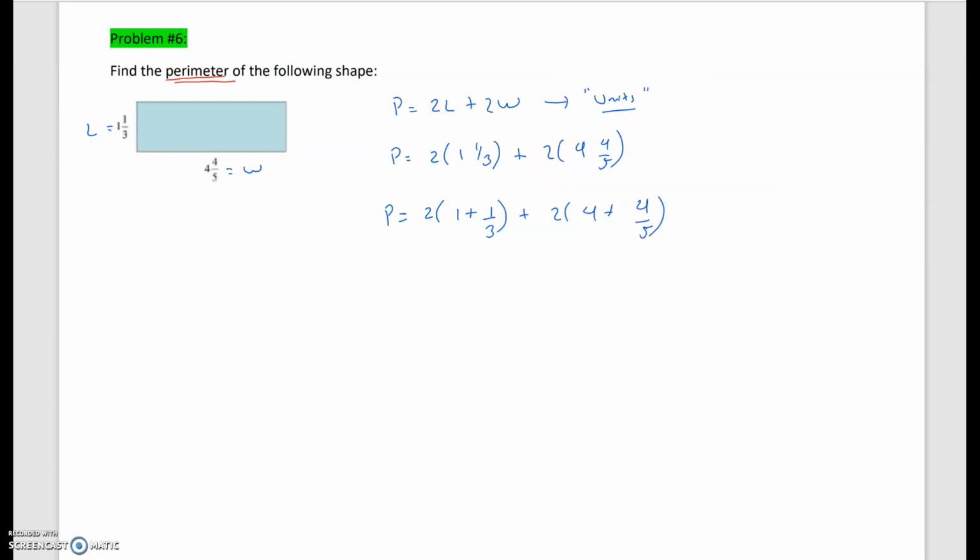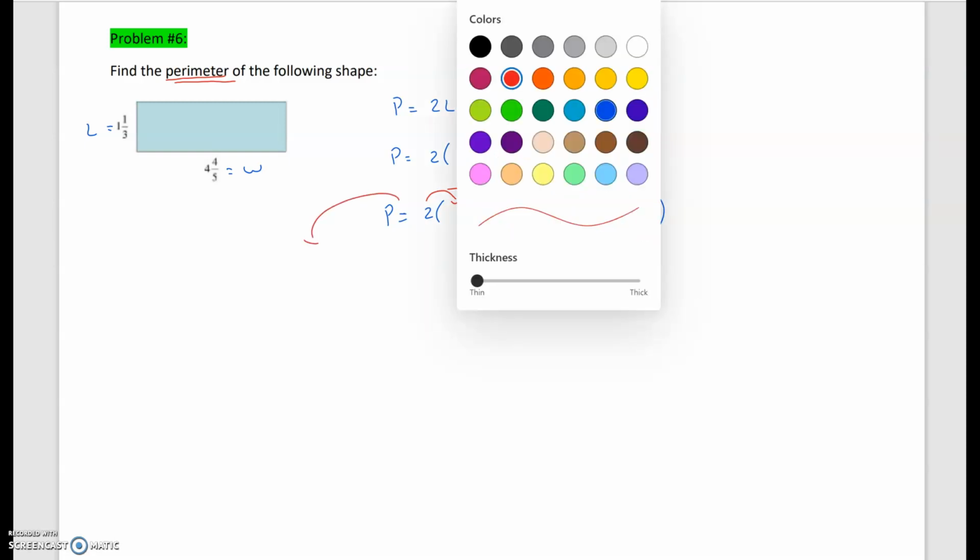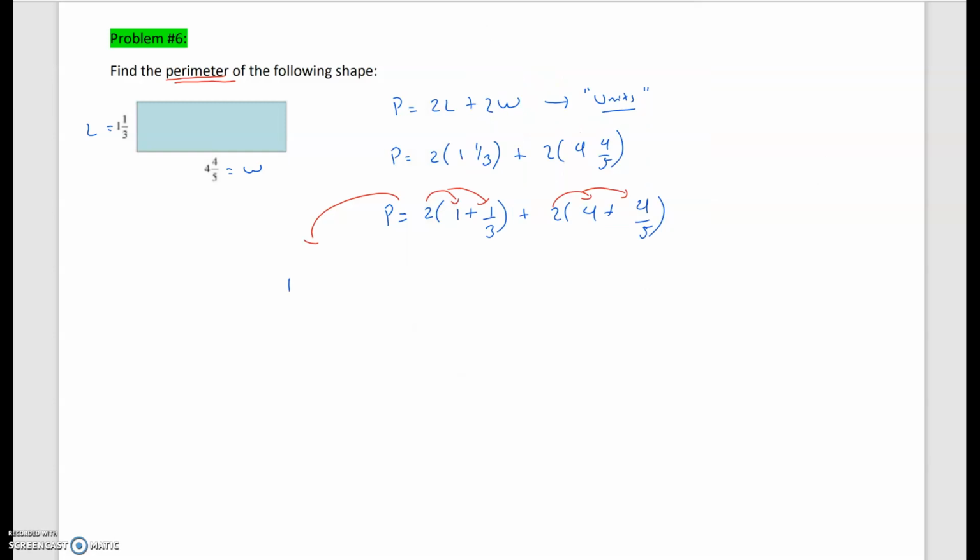And then we're going to be distributing out the 2's to each of the actual numbers inside of the parentheses. I'm using the distributive property. So we're going to end up with 2 plus 2/3 plus 8 plus 8/5. And at this point, let me combine the integers.